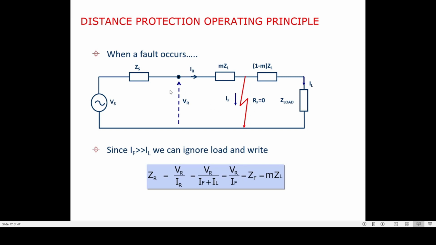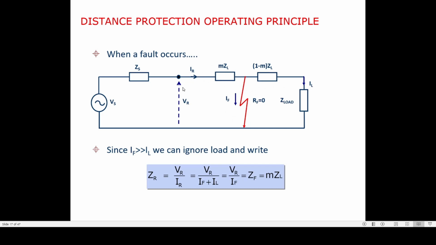Now, again, the impedance measured by the relay at this location will be the measured voltage, VR, divided by the measured current, IR. This IR current, as you can see from this picture, is basically the sum of the fault current and the load current, that is IF plus IL.